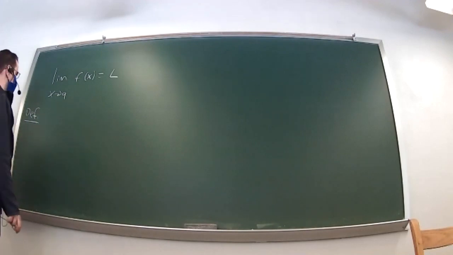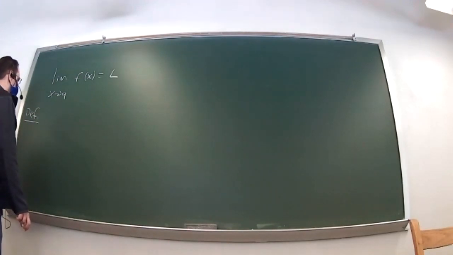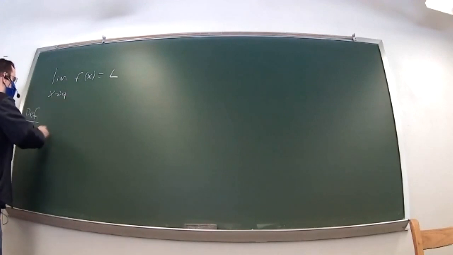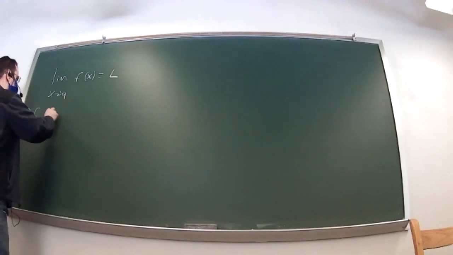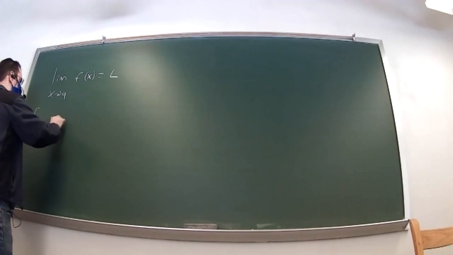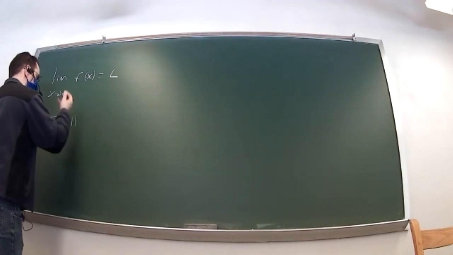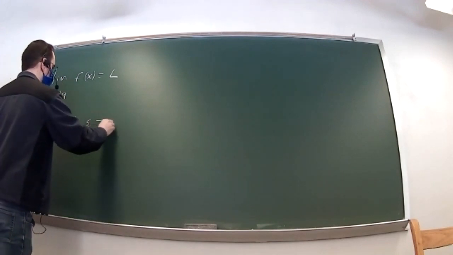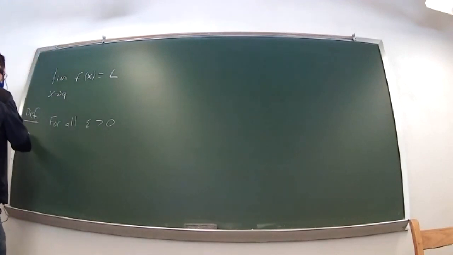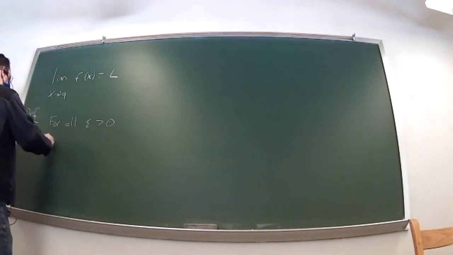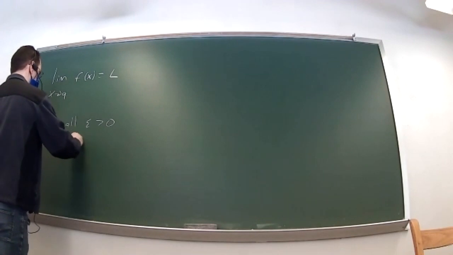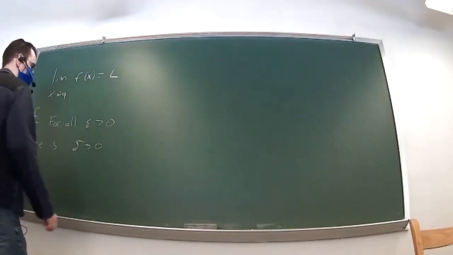But let's see it. So this is going to be true if the following holds. So if for all epsilon bigger than 0, then there is some positive number delta bigger than 0.